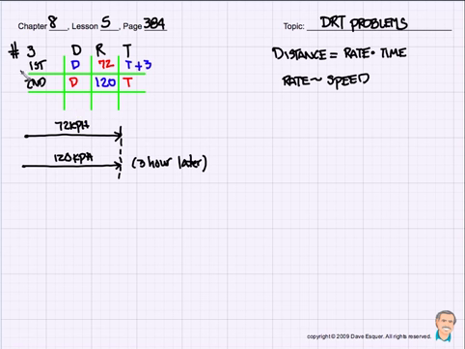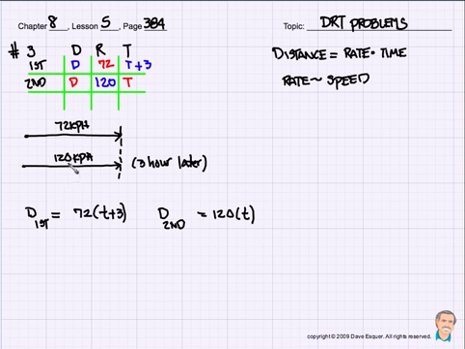So let's see if we can figure this out. Well, the distances are going to be the same, and the distance for the first train turns out to be 72 times (t plus 3). And the distance for the second train that had the head start is 120 times t. I should have made those t's lowercase. Sorry about that.